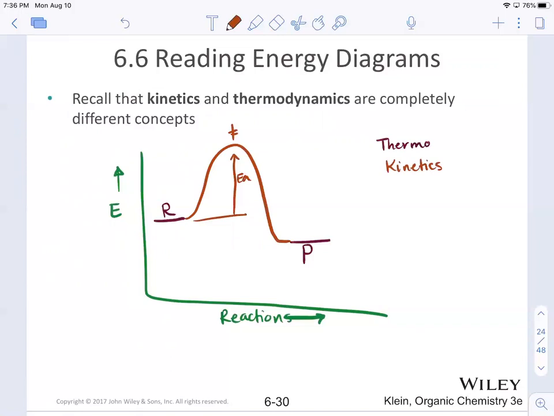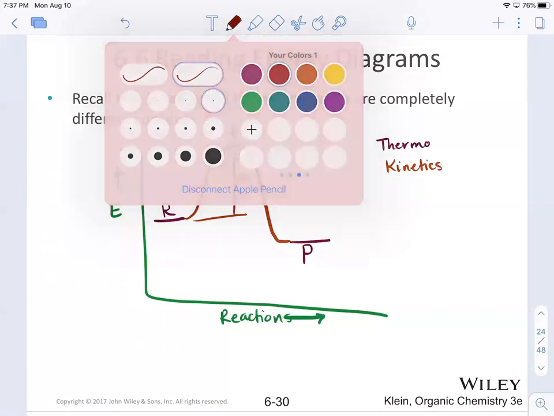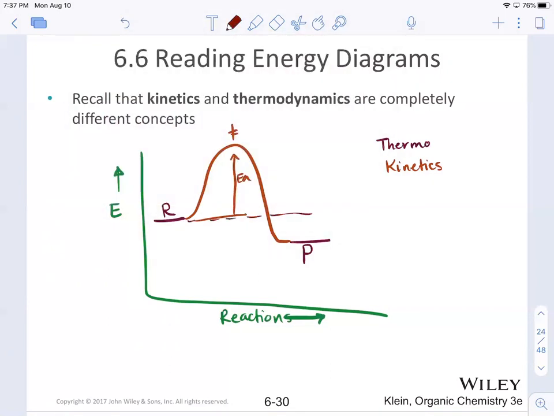Thermodynamics tells you the stability of the reactants and the products. Kinetics tells you how fast a reaction will go. They are completely different concepts. However, together, they are an extremely powerful tool to understand how long are you going to be in the lab?